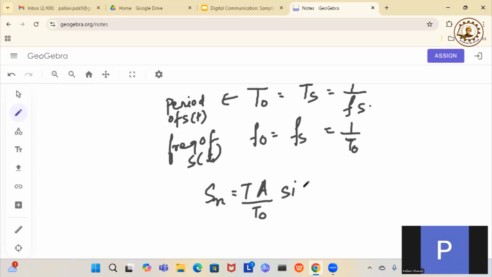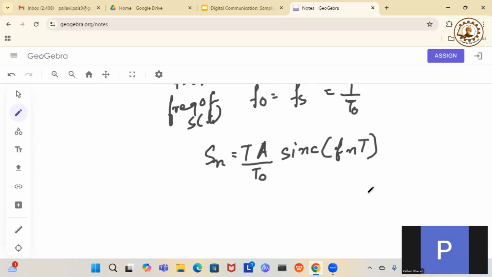So if you write in the Fourier domain, it is sinc. I discussed in our previous class that the rectangular function, if you transform it into the frequency domain, is a sinc, and the sinc function, if you transform it, is a rectangular pulse. So those are the duality. Sn is equal to A tau by T naught.